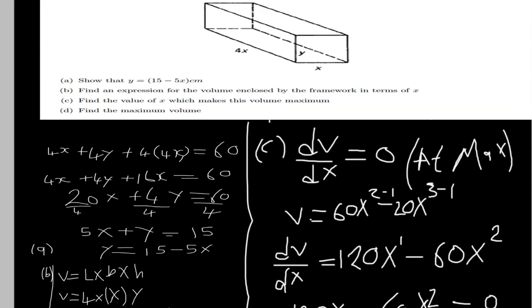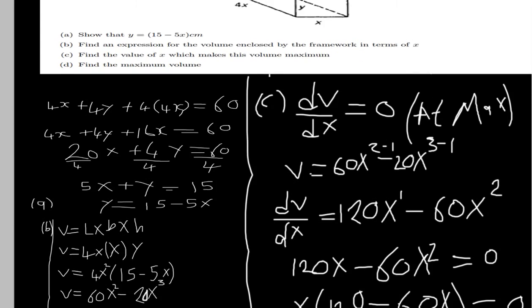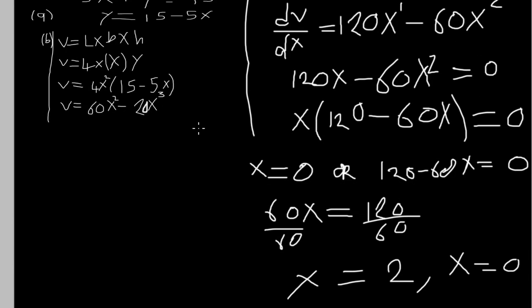Now let's move on to the last part. Find the maximum volume. So for you to find the maximum volume, since you already have the expression for your volume, the expression for your volume is this one here. So since you have the values of x, for you to find the volume, you just replace these values of x there, and the one that is going to give you a big number, that is your maximum volume.